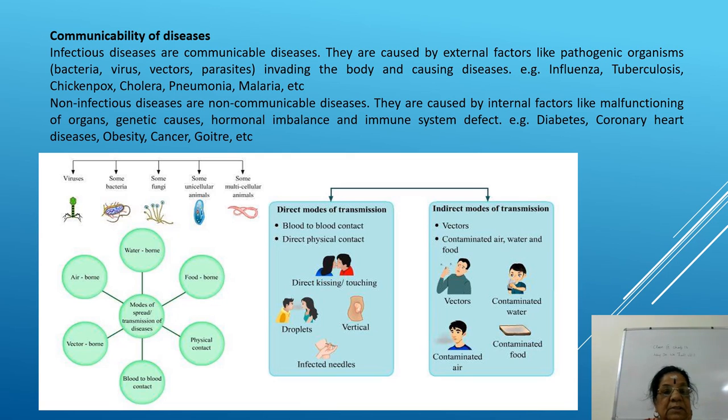So here in the representation, mode of spread and transmission of diseases. Mode of spread, the means of spread. Here it is airborne, waterborne, foodborne, physical contact, blood to blood contact, and vector-borne diseases.